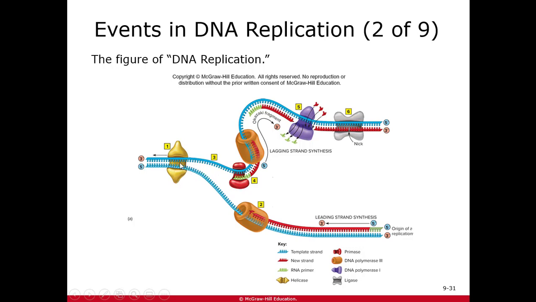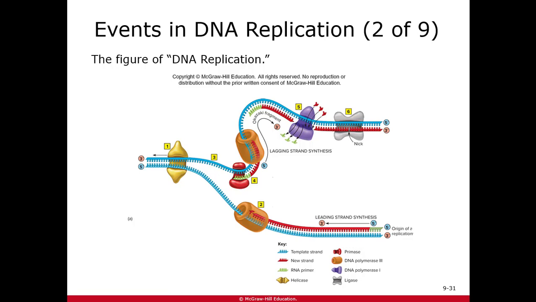Now, we have 2 strands here, the original blue that we're going to copy. But this is, again, where we run into problems: those 2 strands run opposite from each other. And the enzymes that are used to make new DNA, that lay down this red, the new A's, T's, C's, and G's to match up with the original A's, T's, C's, and G's on the other strand, they can only add on a 3' end.